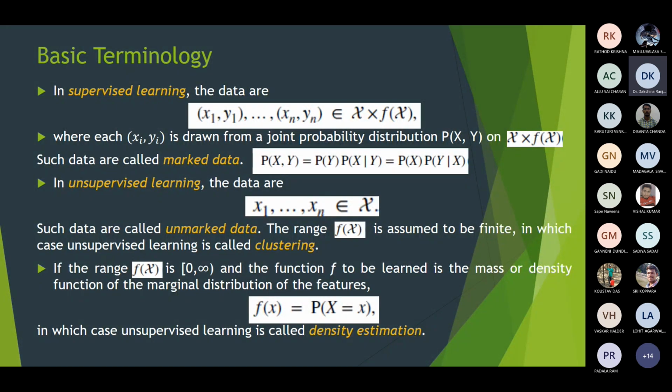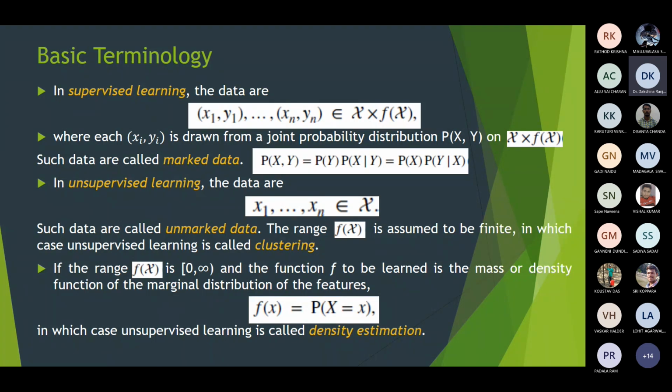Here tilted x is the data set, or we can say the feature space, and a over tilted x is the range. When we take the product of this range and the feature space, then this is called the feature space approximated by the range.